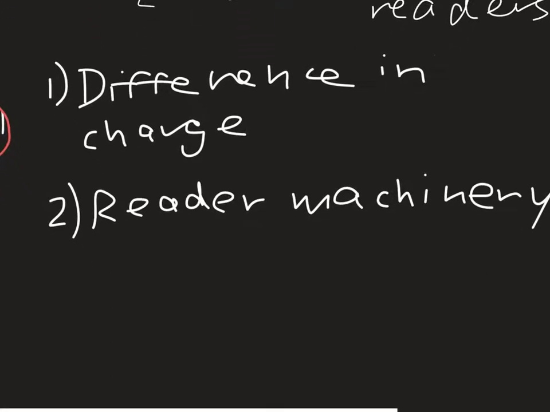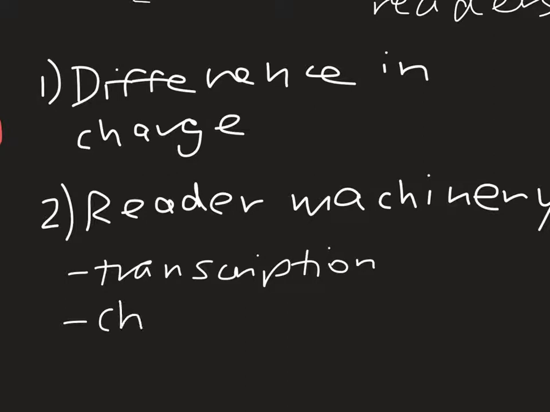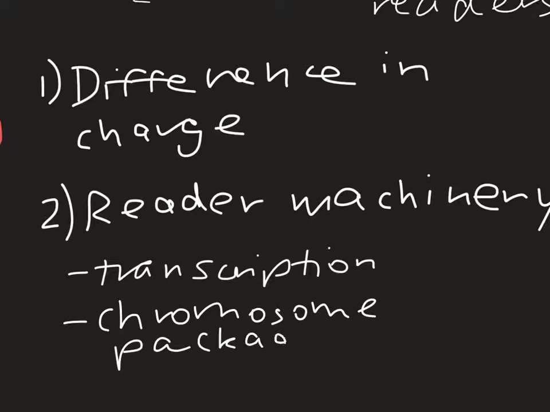Histone modifications, like other epigenetic mechanisms, are responsible for transcriptional activation or inactivation. These modifications also play a role in chromosome packaging. This is required in cell division when the DNA needs to be replicated.